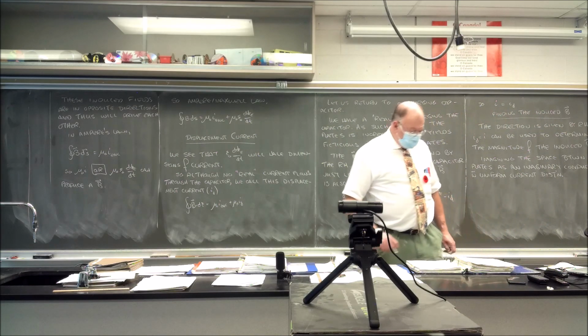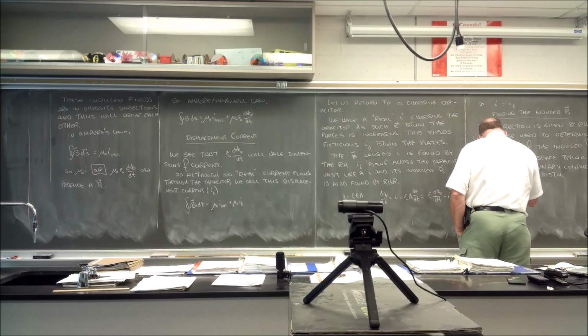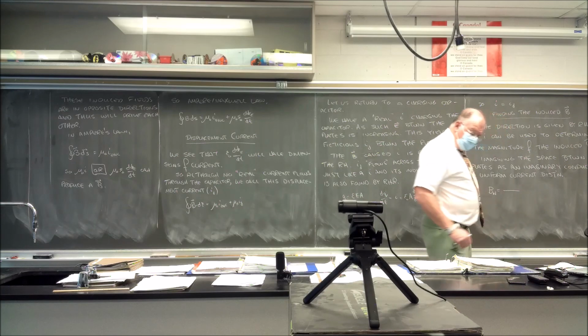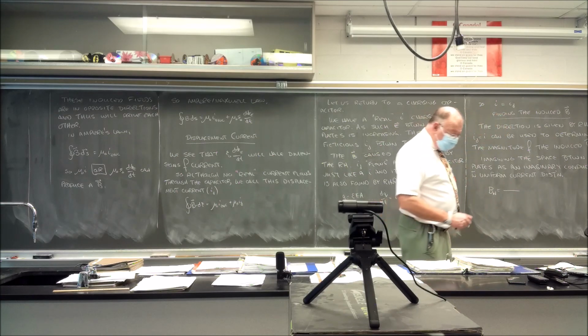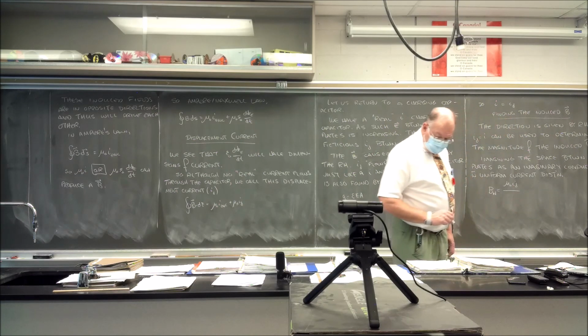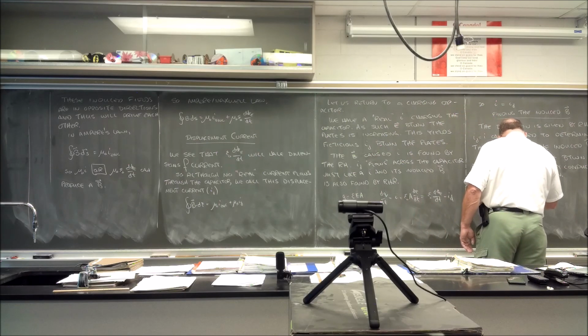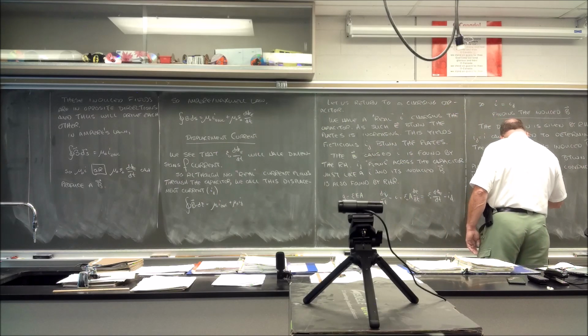All right, now we learned that the magnetic field inside a conductor with current is equal to mu naught I sub D, in this case, divided by 2 pi r squared times r. This is the diameter, actually, so let's use r naught.